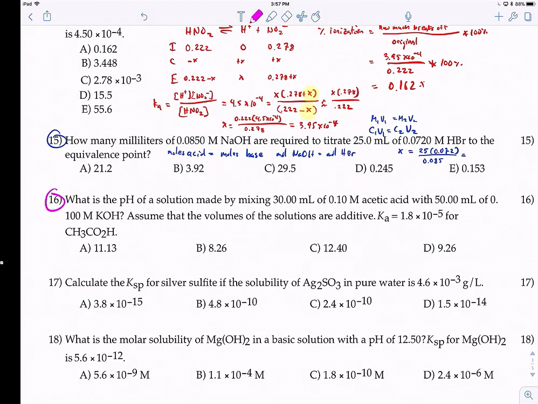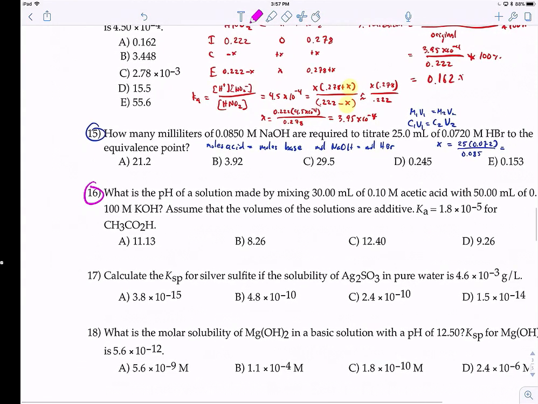I can draw a picture. You have a big beaker, and you pour in 30 milliliters of 0.1 molar acetic acid, and then you put in 50 milliliters of 0.1 molar KOH.